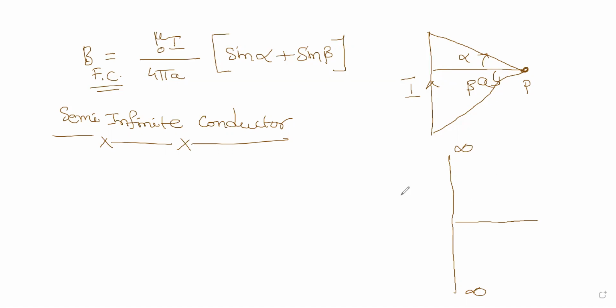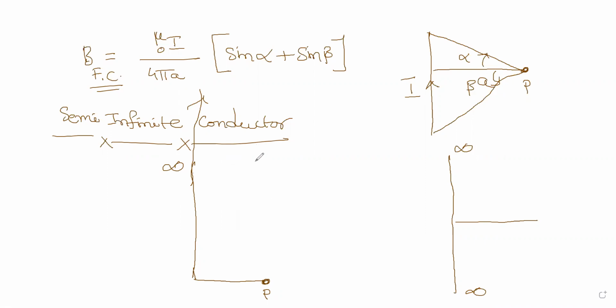This is infinite. Semi-infinite means one end you will have like this, and the other end goes to infinity. This conductor is infinite compared to the point P, so the other end will be going on like this. That is called a semi-infinite conductor.